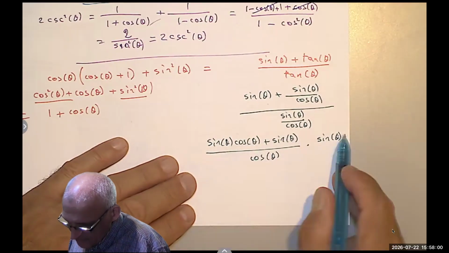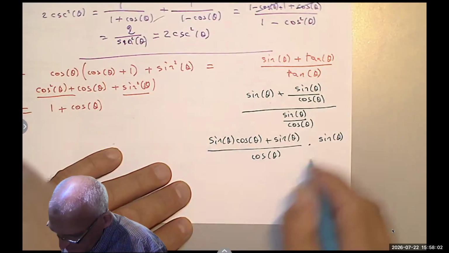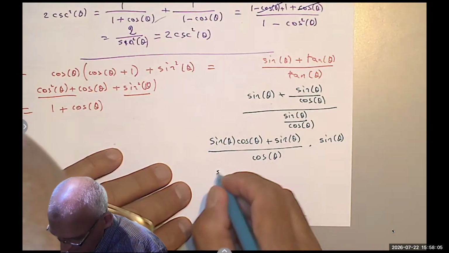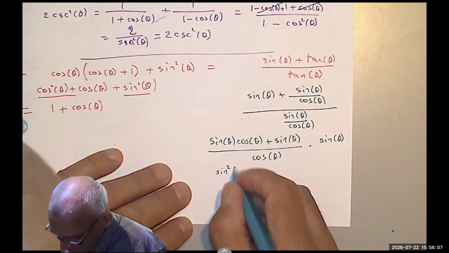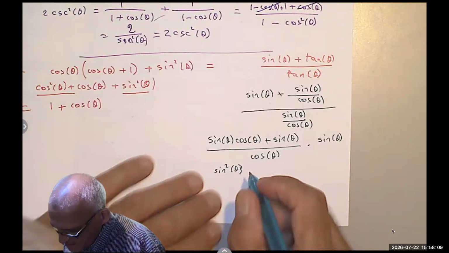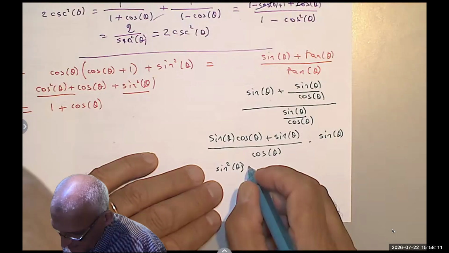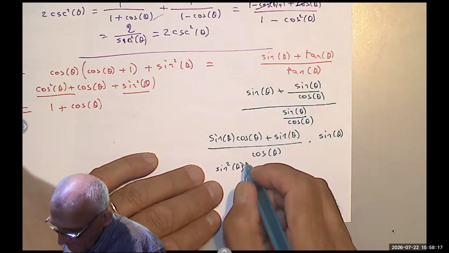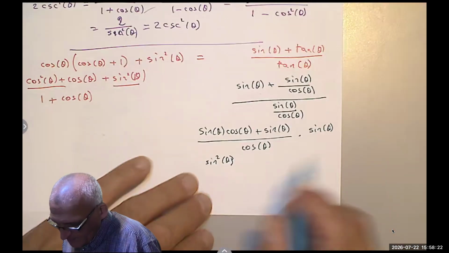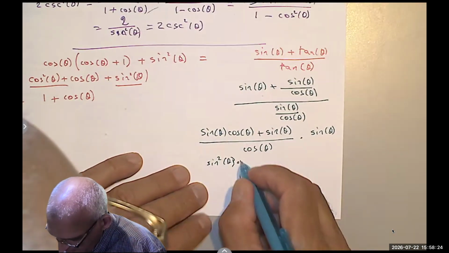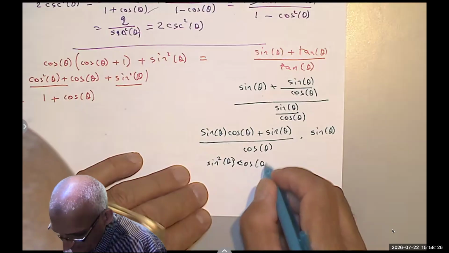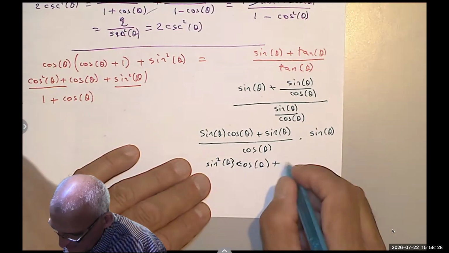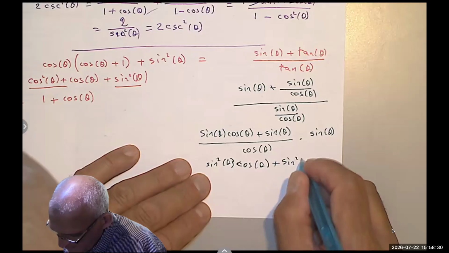Now I multiply the numerator. Because I have two terms, sine times sine, I get sine square theta cosine theta plus sine square theta.